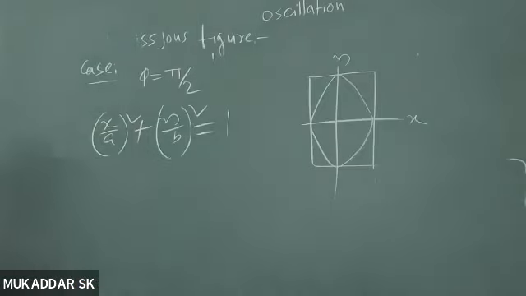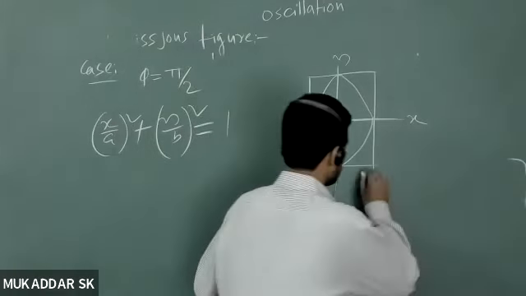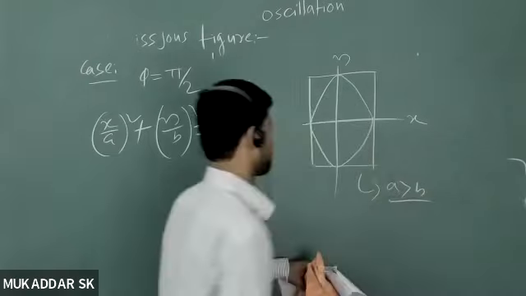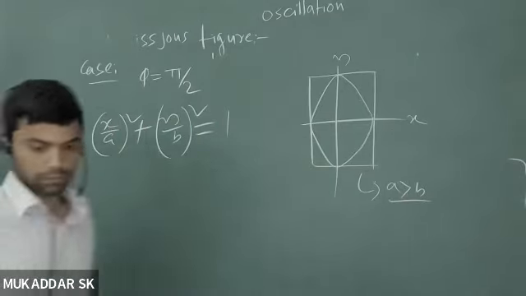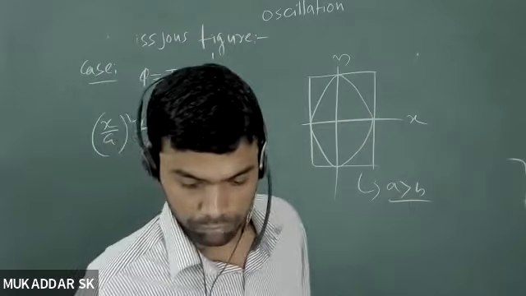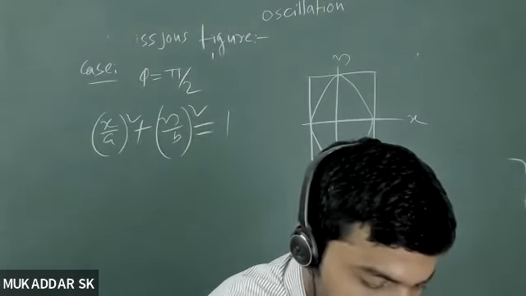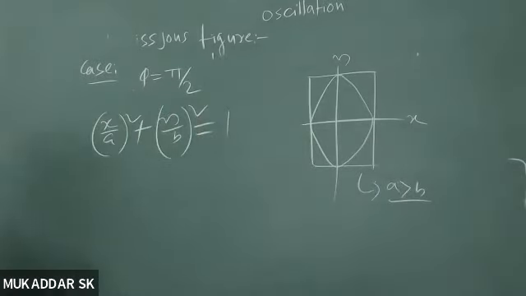It depends upon the values of a and b. Here I have considered that a is greater than b; you may get it like this also. Okay, is it clear? Is this part clear? Yes, sir. Any question in this? Yes, sir. Okay, now when will it become a circle?